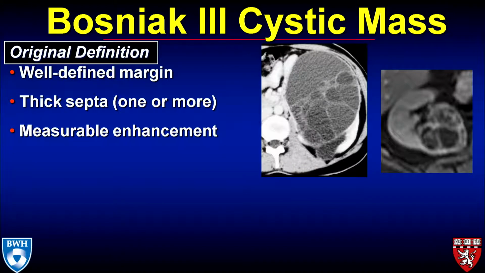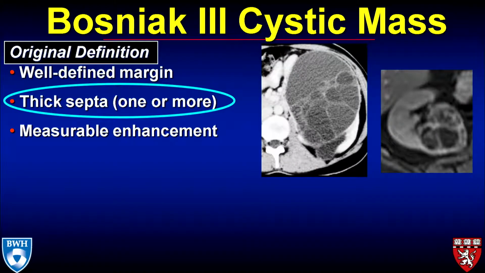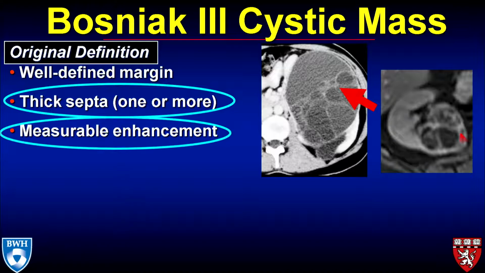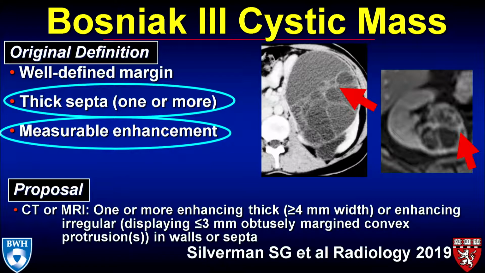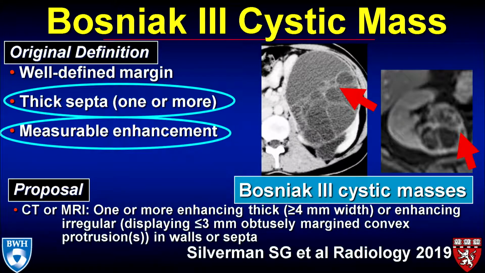So what about Bosniak 3s? Here, the definition is thick septa, 1 or more, and measurable enhancement. So the proposal says 1 or more enhancing thick, now defined as 4 millimeters or more, or enhancing irregular, defined as displaying 3 millimeters or less obtusely margined convex protrusions in walls or septa. That's a Bosniak 3 lesion.